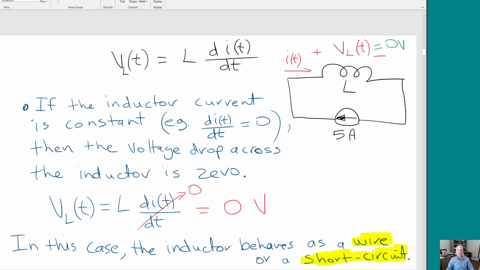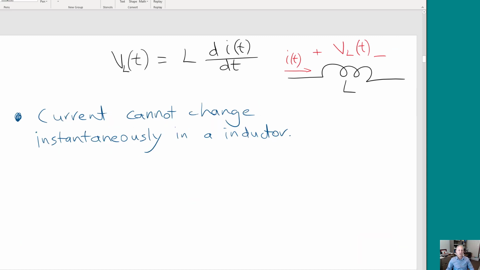Okay, let's continue. There's another observation that we can make for this equation V = L di/dt, which describes the inductance behavior: the current cannot change instantaneously in an inductor.